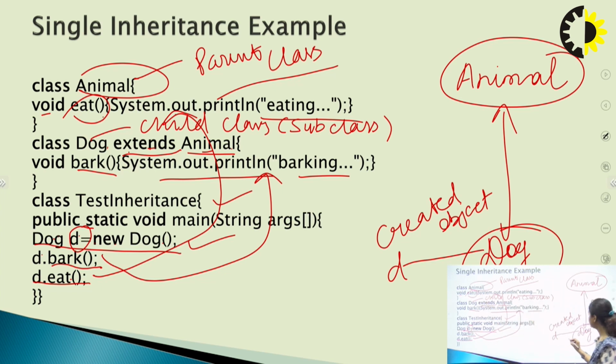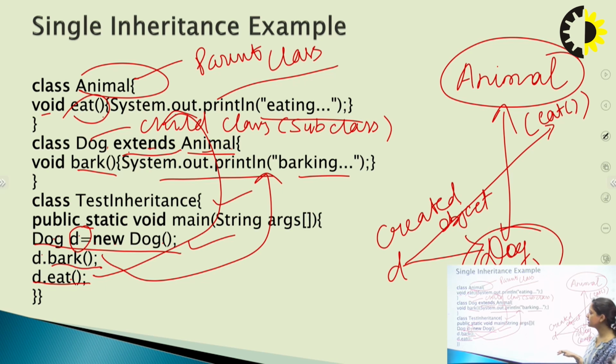So the object d is capable of accessing the bark method of the Dog class as well as the eat method of the Animal class. A single object is capable of doing two things: accessing its own method and the method of its parent class.